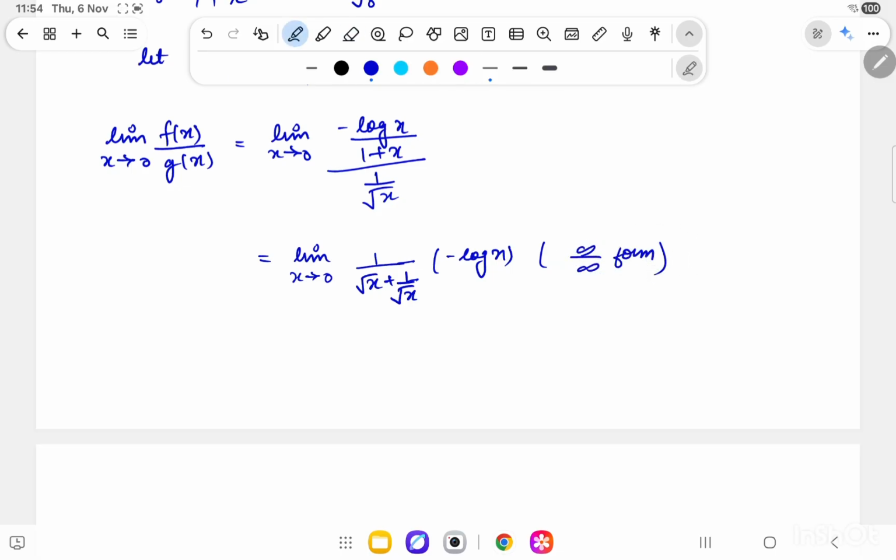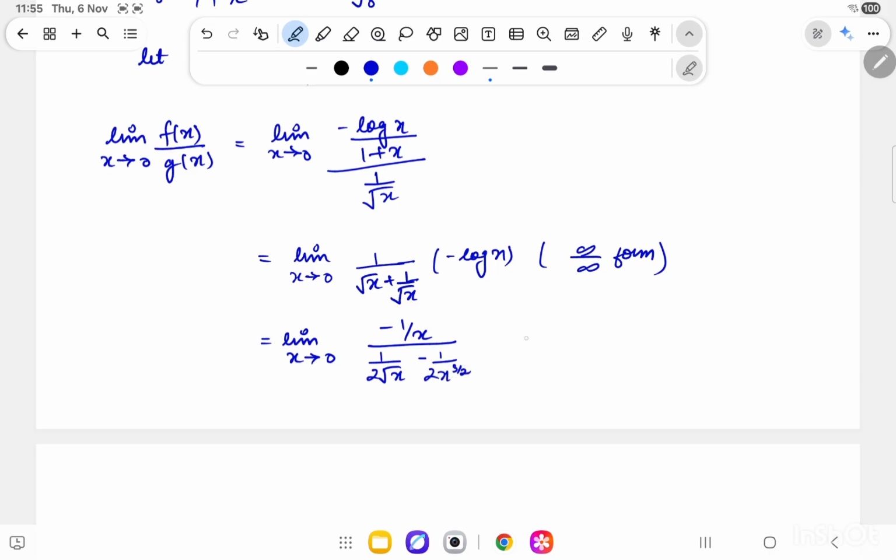Now let's use L'Hopital's rule to evaluate this limit. So it will be limit x approaches 0 of minus of 1 by x, divided by minus 1 by 2 x raised to 3 by 2.